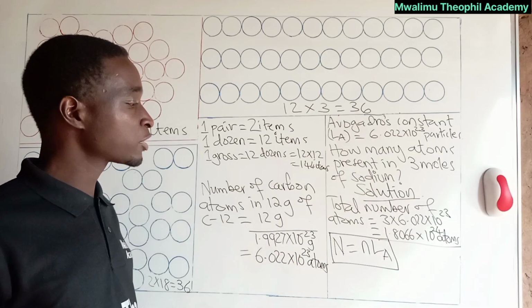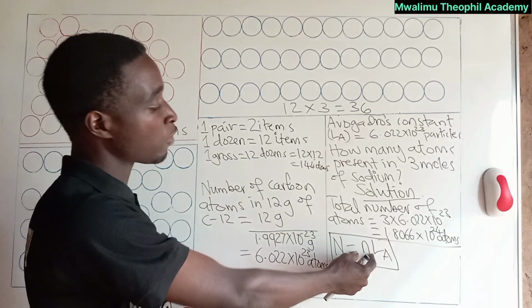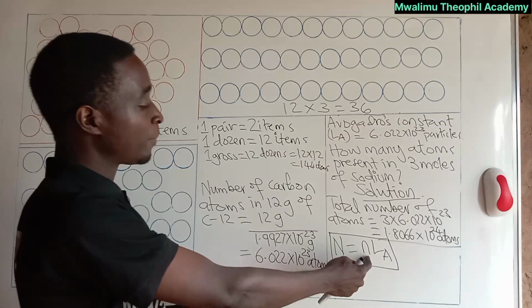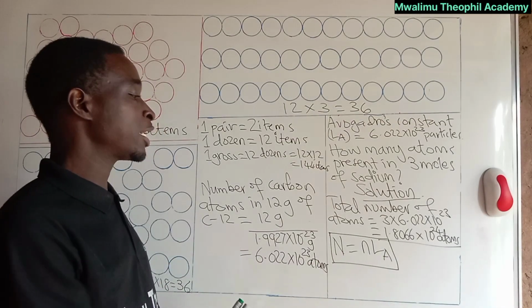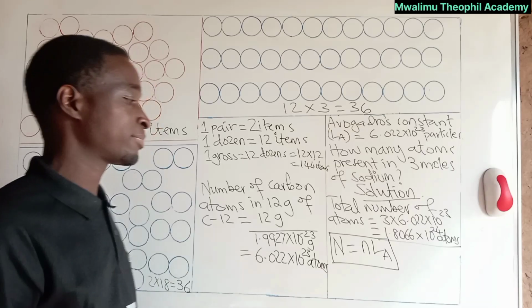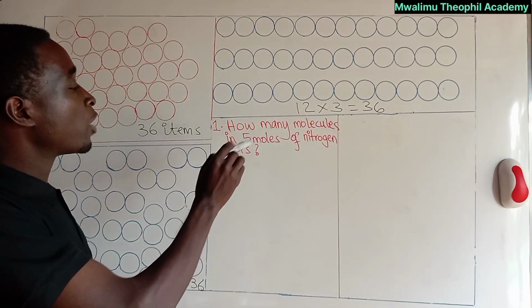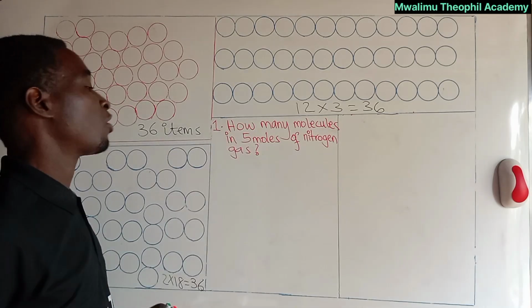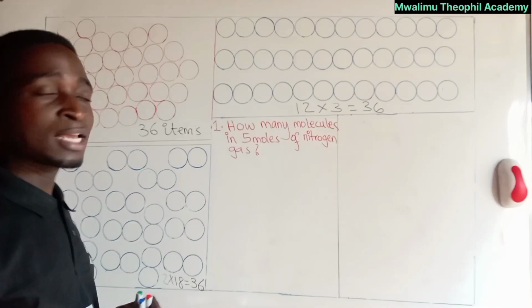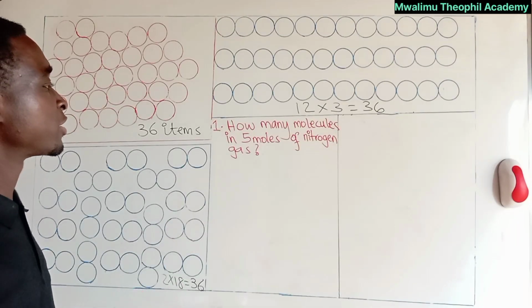Let us see various examples on how we use this formula that relates number of moles, number of particles, as well as Avogadro's constant. The first example states: how many molecules are in 5 moles of nitrogen gas? So let us see the solution for this.